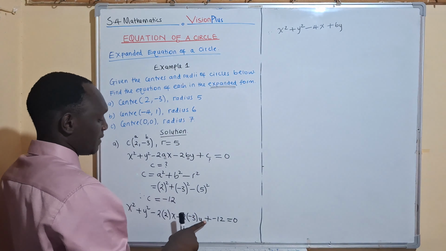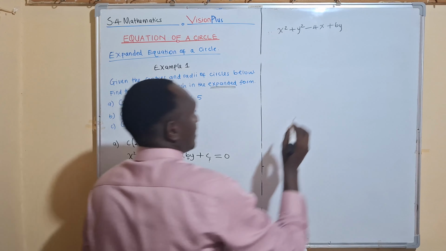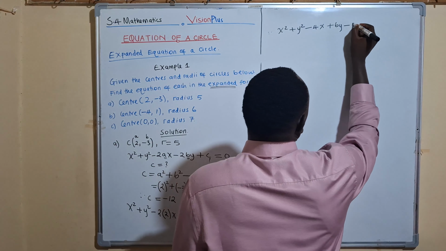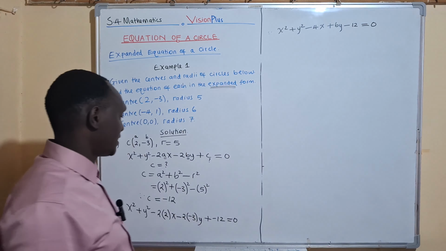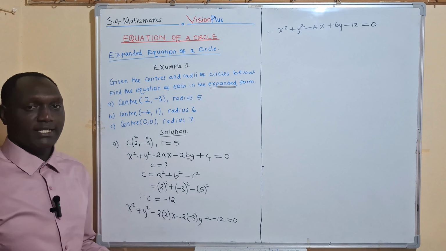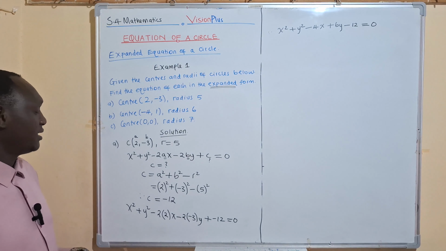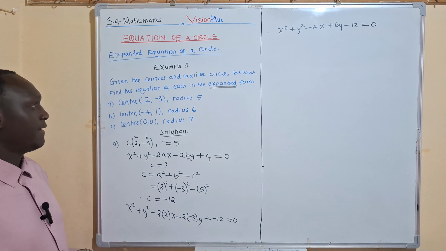There is this y here. Positive times negative becomes negative, so here we shall have -12 equals 0. So that is the answer in the expanded form of the equation of a circle.